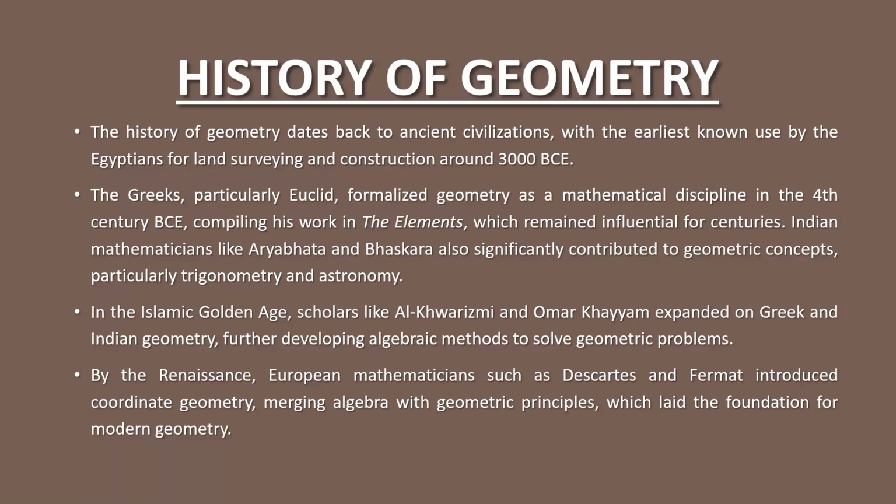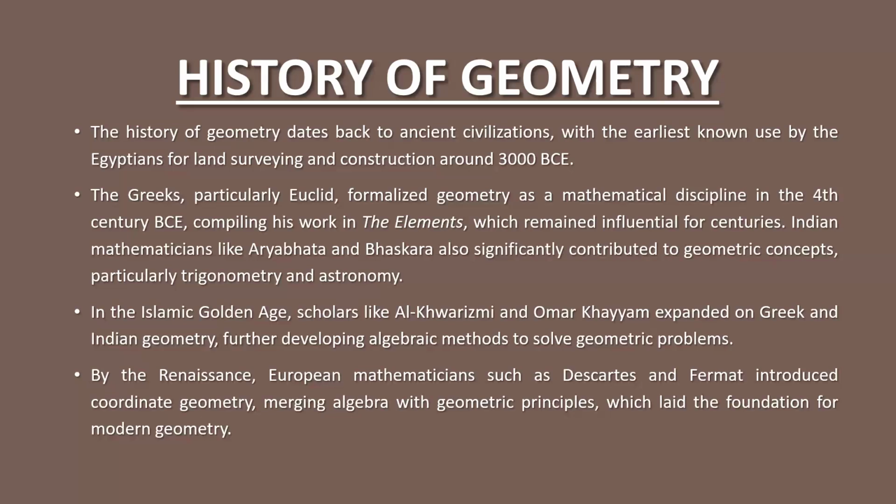The Greeks, particularly Euclid, formalized geometry as a mathematical discipline in the 4th century BCE, compiling his work in the Elements, which remained influential for centuries. Indian mathematicians like Aryabhatta and Bhaskara also significantly contributed to geometric concepts, particularly trigonometry and astronomy.